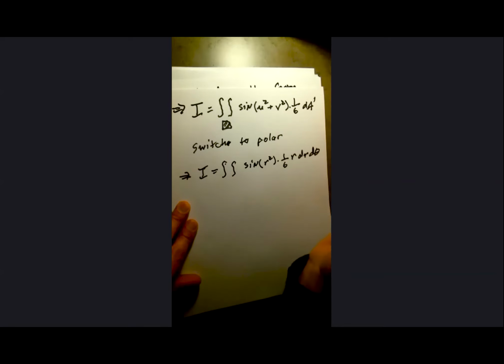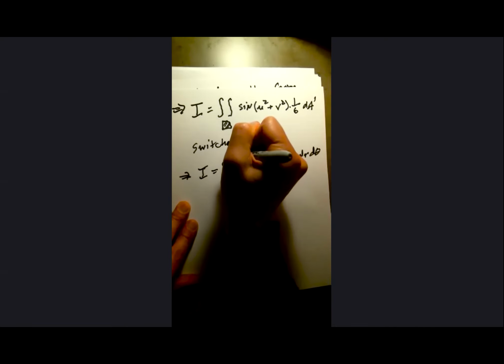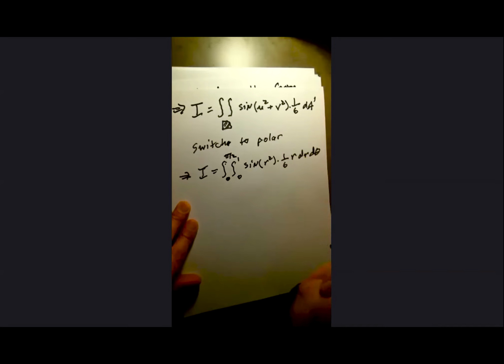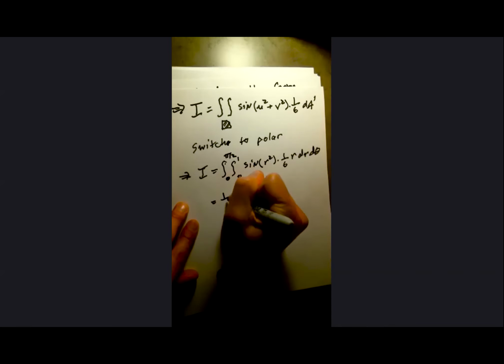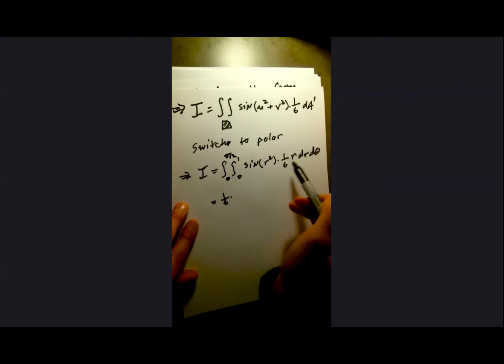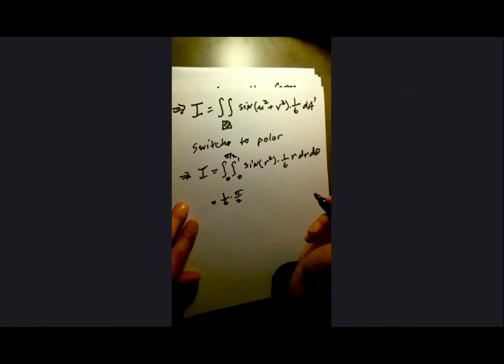Exactly, good call. And then our r's are going to go from 0 to 1 because this is the unit disk. And then we're only in the first quadrant, so our thetas are going to go 0 to pi/2. At this stage, it's just a bunch of writing. So the 1/6 can come out. There's no thetas anywhere, so we know we're going to have a pi/2 out front.